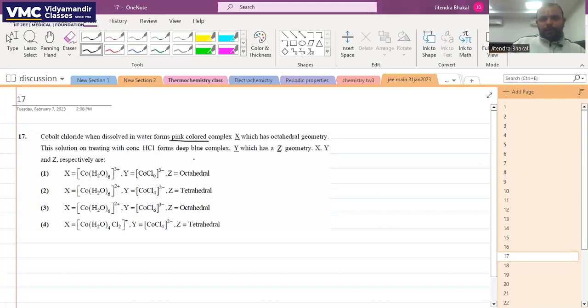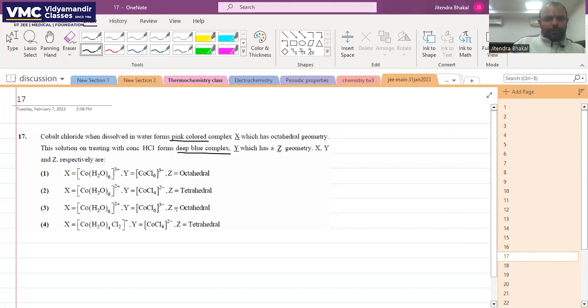With this color, we can guess the geometry is changing, because octahedral complexes show a lighter color, but tetrahedral complexes show a deep, dark color.